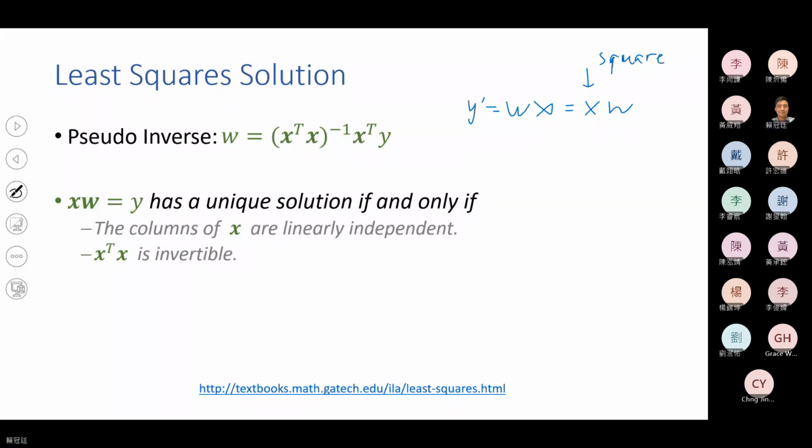So we multiply both sides by the transpose of x. And then we multiply both sides by the inverse of this function.